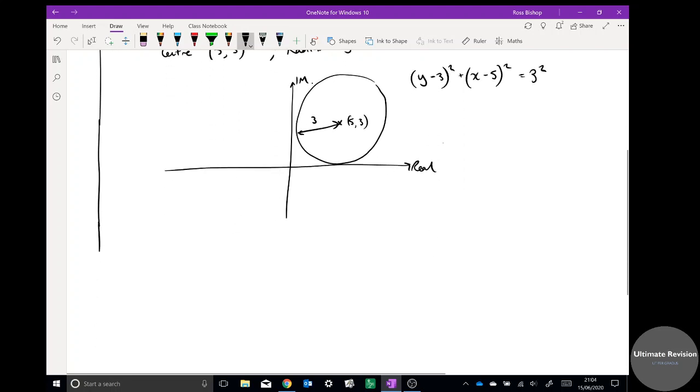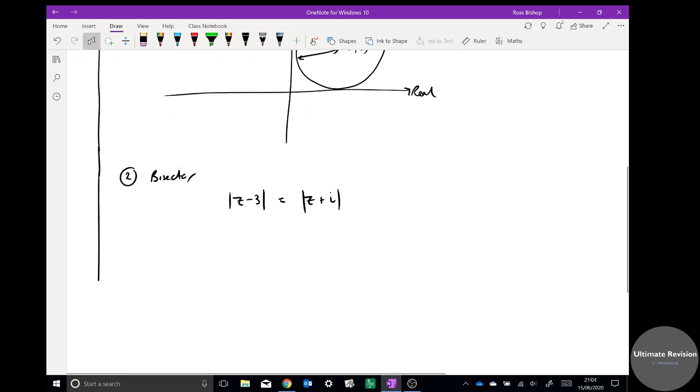The other one we did was the perpendicular bisector. We did this before you went into your exams, and it's written in this form, a bisector one: mod of z minus something equals mod of z minus i. Again you might want to look back at the video, but basically what this means is this is the bisector between the point 3, 0, because that's in the real plane, and the point 0, minus 1.